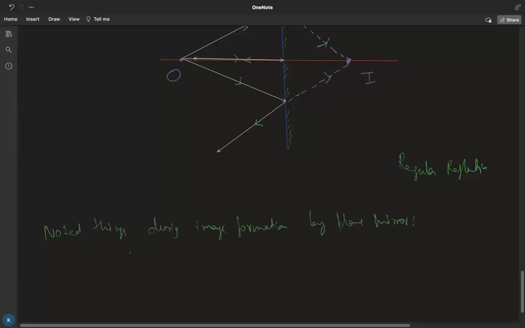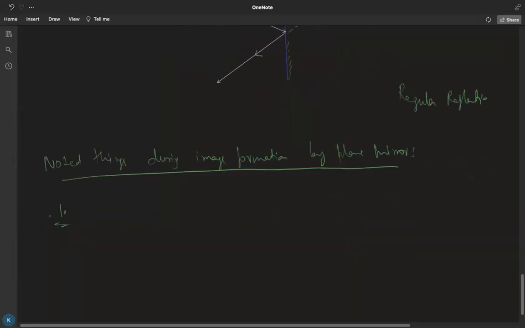So these are something. Let me write it here. So the first thing is that the line joining object to image must be perpendicular to the mirror. Let me write it here.